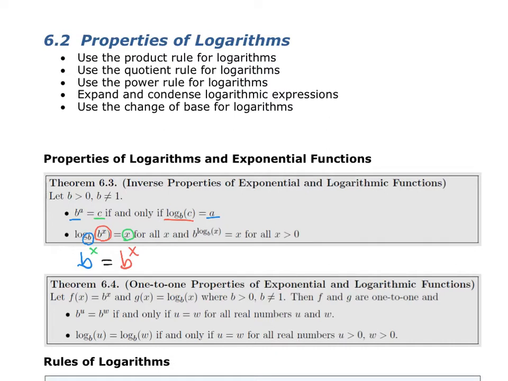The next one in 6.3 is b raised to the log base b of x is equal to x.